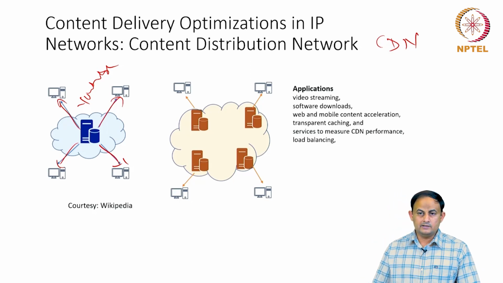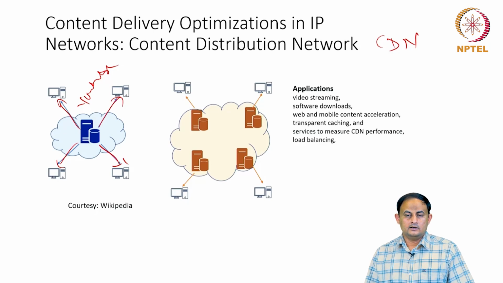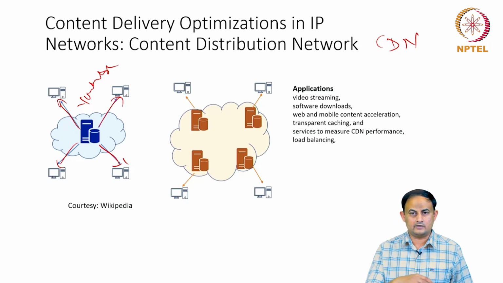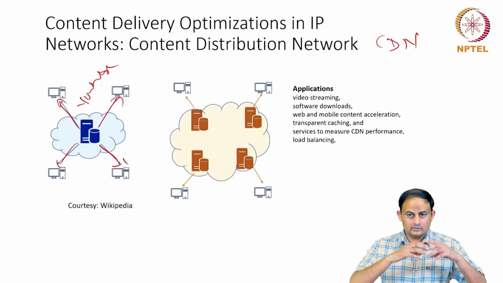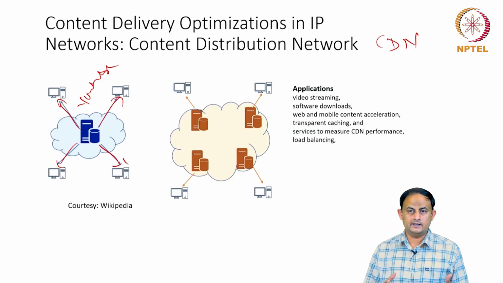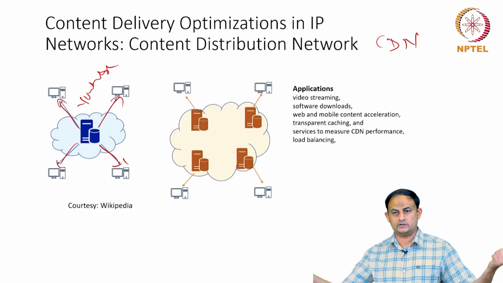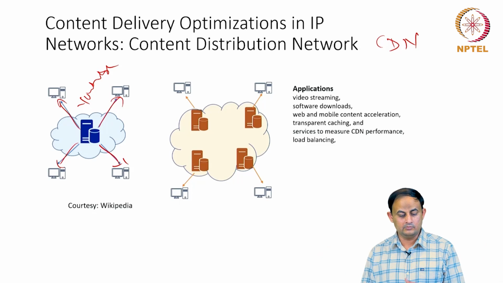So, in order to minimize the end to end delay in the transmission, and also for locality reasons, what the YouTube server can do is replicate the content. There is not necessarily one central server serving all the users across the globe.